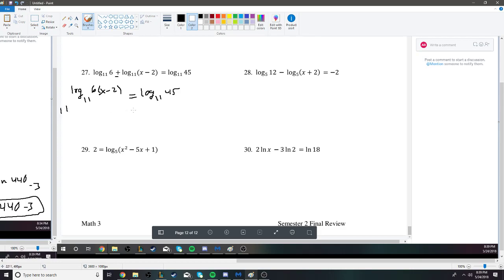We're going to put a base of 11 on both sides, and that will cancel out our logs. So 6 times x minus 2 is equal to 45. And x will equal 57 divided by 6 here.